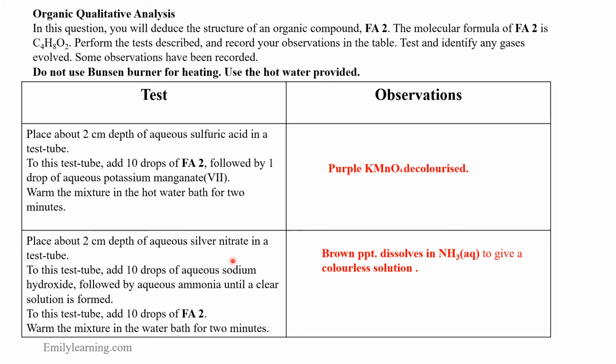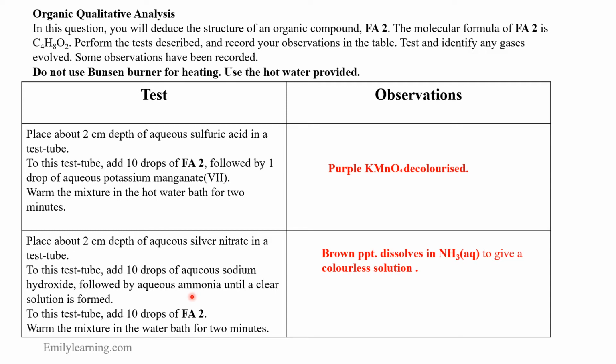Well, silver nitrate followed by sodium hydroxide, then aqueous ammonia, you are actually creating Tollens reagent. So what is Tollens reagent used for? Well, it is used to test for aldehydes. If aldehydes are present, your Tollens reagent, which is silver nitrate followed by sodium hydroxide followed by aqueous ammonia, will turn silver in color.